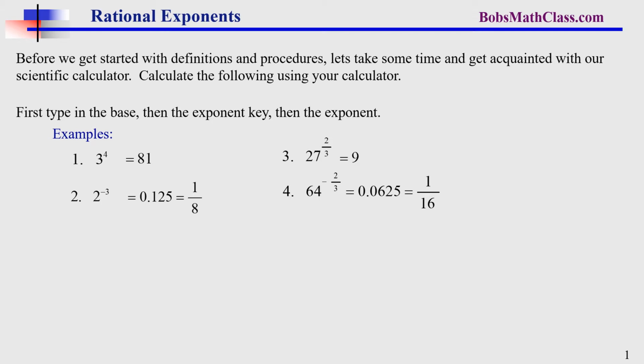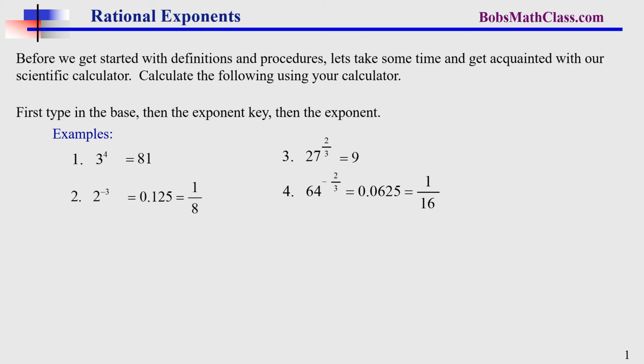Maybe it's a TI, and it has an X to the Y button. That could be your exponent button. Or it might look like the top of a triangle called a caret. Anyway, depending on your calculator, you do it differently. So 3 to the power of 4 should give you 81 on your calculator.